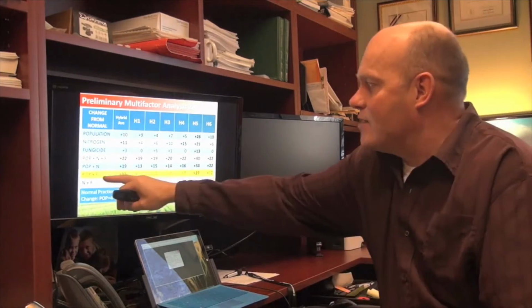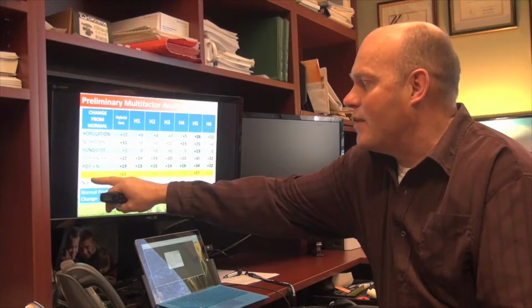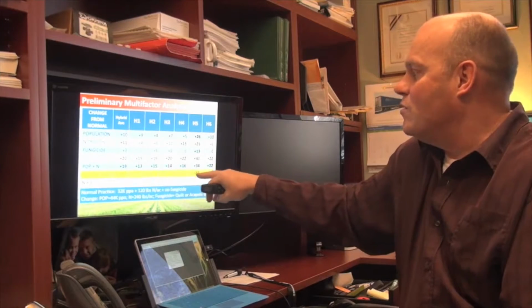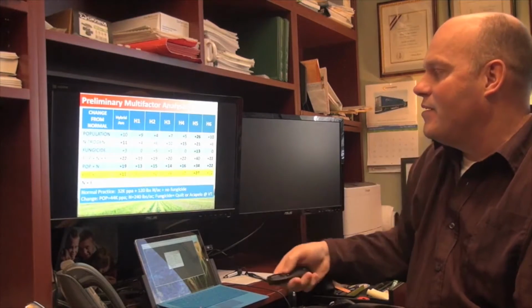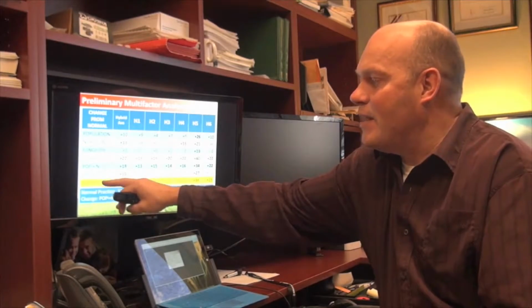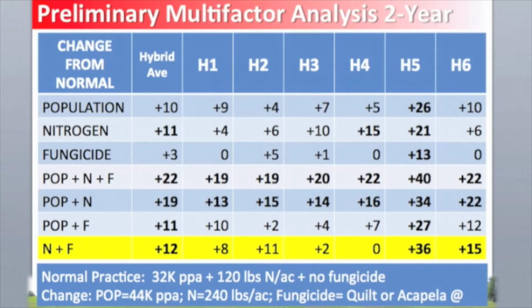And in this case, we're dropping the nitrogen out, so just looking at high population and fungicide, our yield responses vary from 2 to 27, depending on the hybrid. And if we look at the final category here, where we just keep the normal plant population, look at high nitrogen and a fungicide application, our yield responses vary from 0 to 36 bushels to the acre.